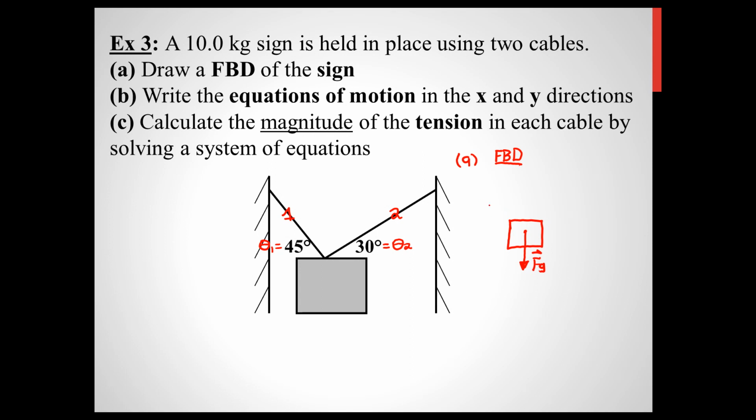One of them is going to go up and towards the left. We'll call this one Ft1. And we have another tension force that'd be up and towards the right. We'll call this one Ft2.